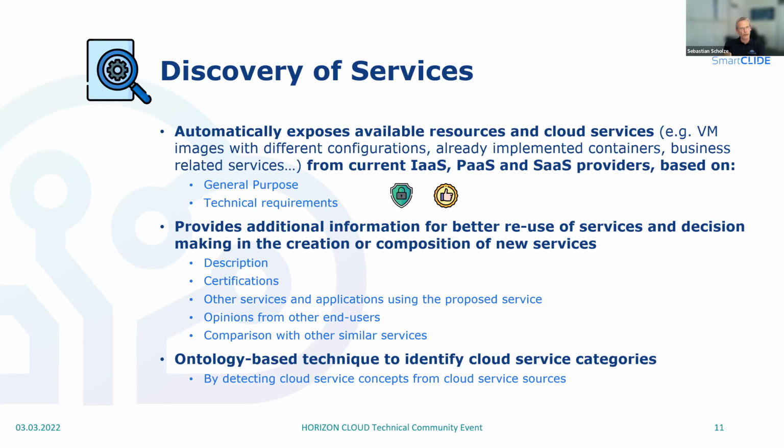We know that this is not enough, therefore we are aiming to provide additional information to support this composition of new services. For example, it could be description, certifications. Is this service already used by other services or applications? What are the opinions from the end users? And can we compare this with similar services? And we are applying some ontology-based technique to identify cloud service categories.